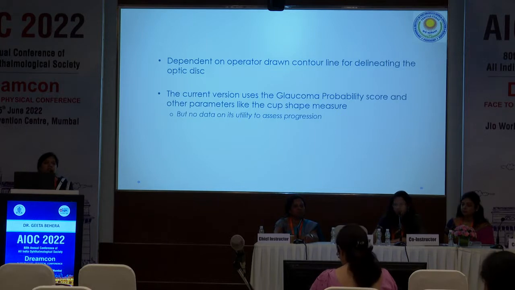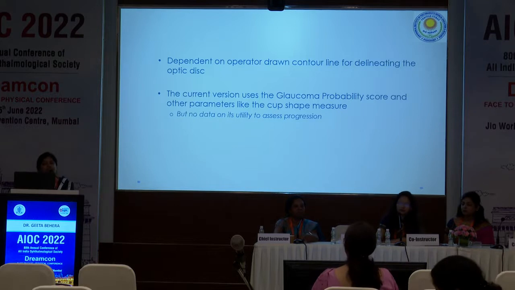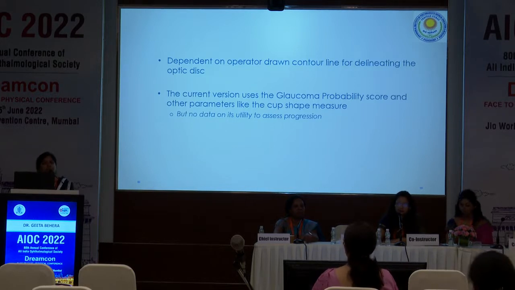So if this is drawn incorrectly, then you will get an inappropriate interpretation. The current version uses the GPS and other parameters like the cup shape measure, which are independent of the operator drawn contour line. But again, there is no data on its utility to assess progression. That is not known yet.